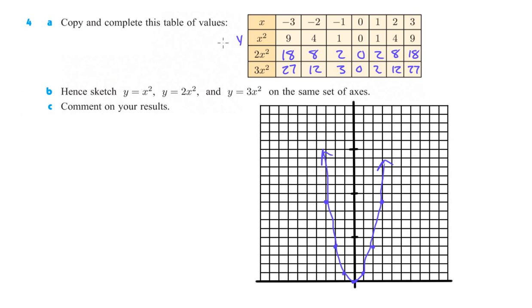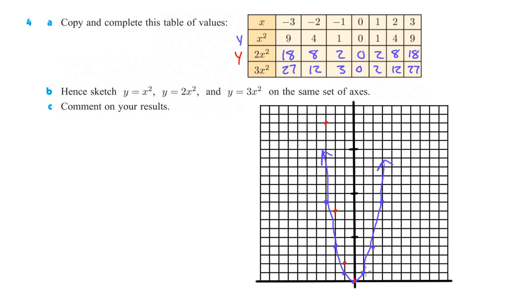This one here we'll do in red. Now we're at negative 3, 18, so it's twice as high. It's way up here. Then negative 2 and 8. All these points are twice as far away from the x-axis as they were before.